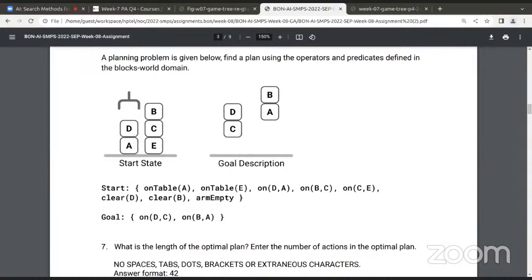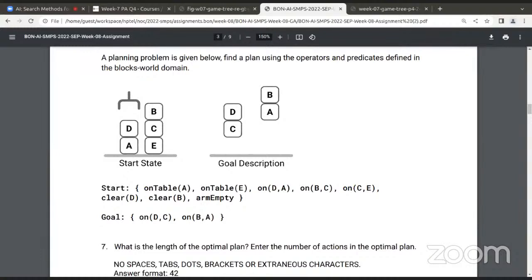Sir, you can either pick up D or B. Both will require 6 steps only. Exactly. So from the start state, if I pick up D, then I have to put D on the table.